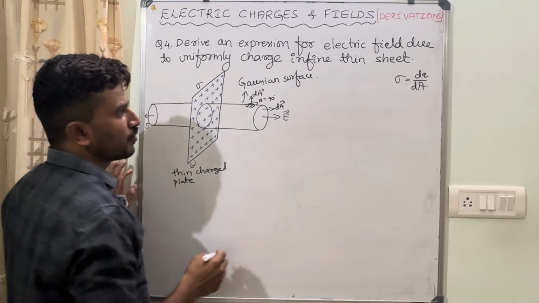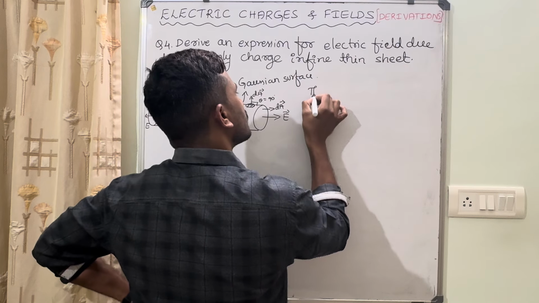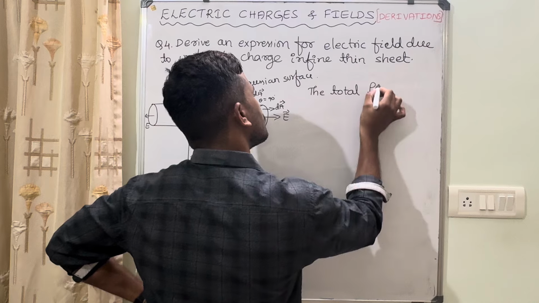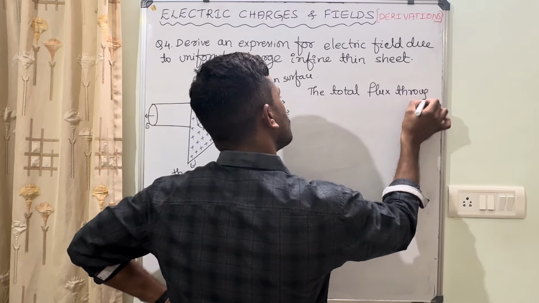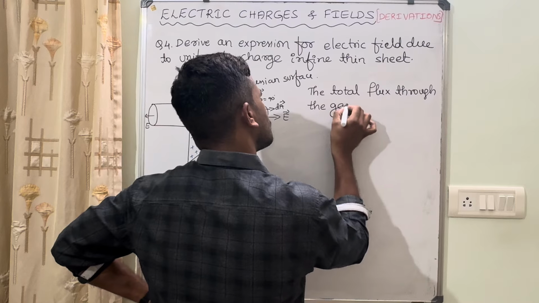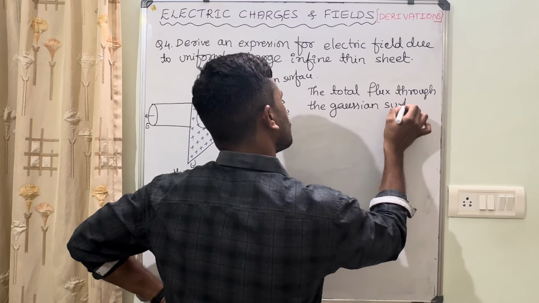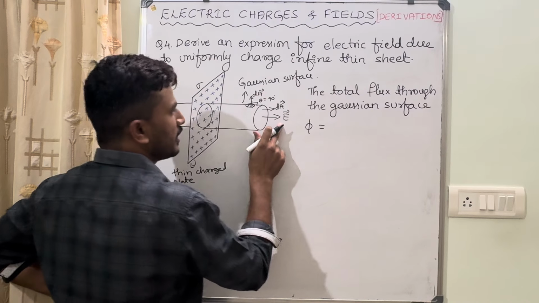Okay, therefore the total flux through the Gaussian surface is given by flux through end surfaces.